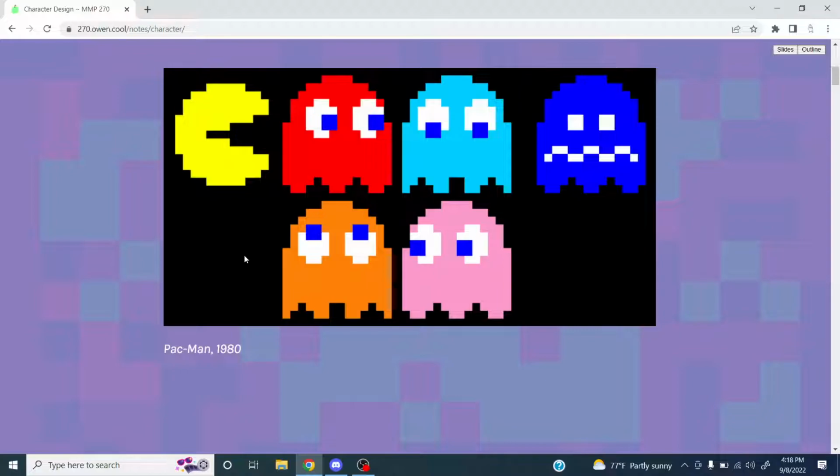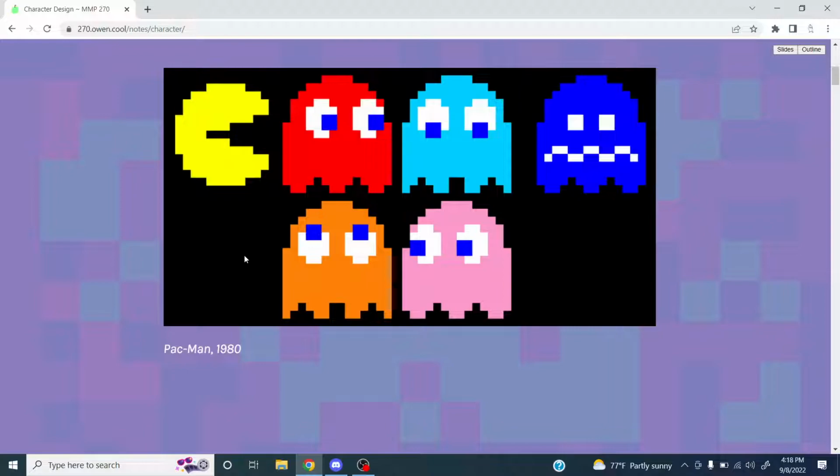And a lot of what we'll look at throughout the semester is the relationship between the technology and the aesthetics of games. That really plays into a lot of the different conventions that we see in games. These are obviously pixelated characters, and we've been working with Pascal, which is a pixel art program.